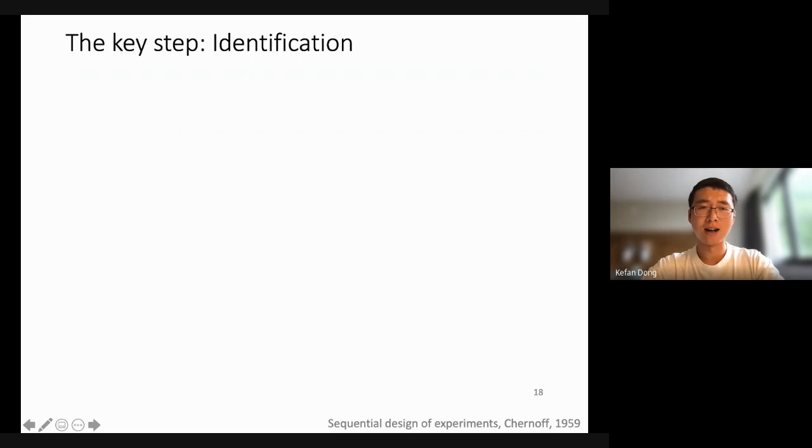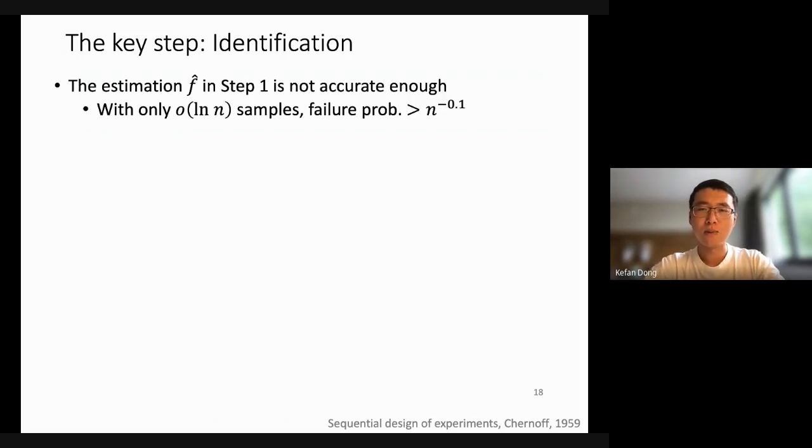As we saw before, the key step here is the identification, because in this step we introduce the leading term of the regret. So first of all, why do we need this step? This is because our estimation f hat in step 1 is not accurate enough for us to commit to a fixed decision.